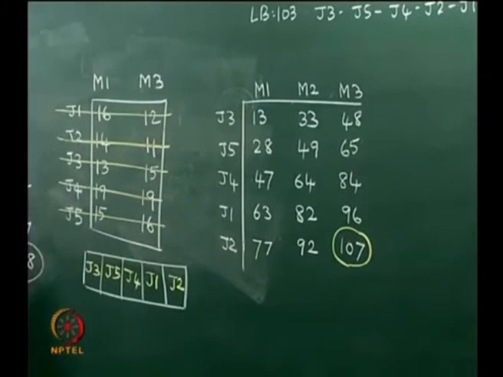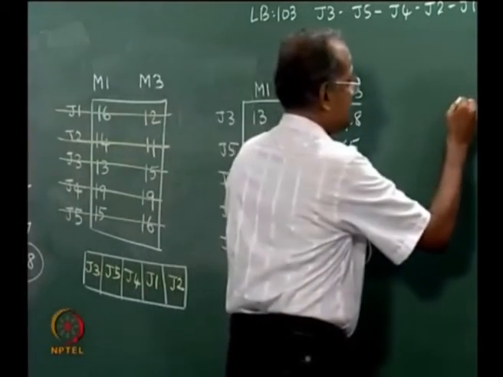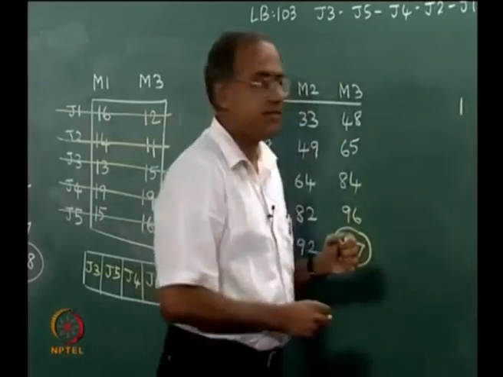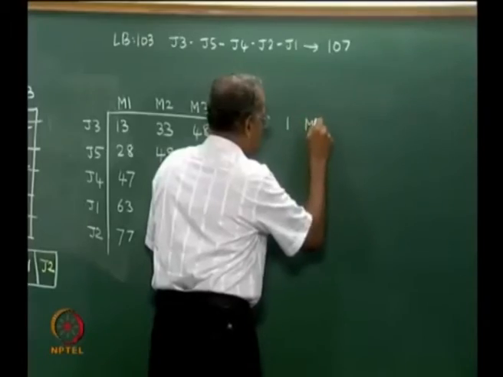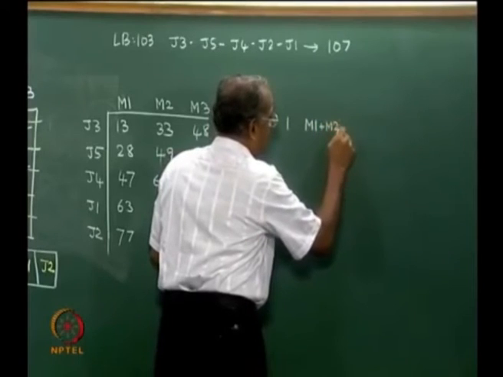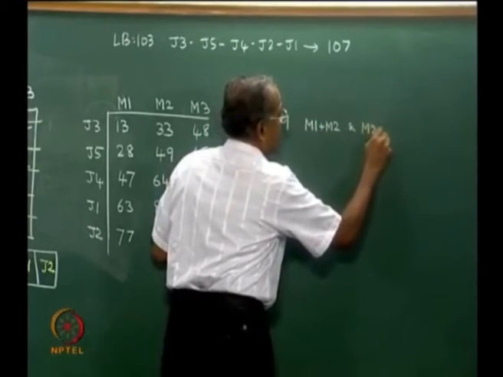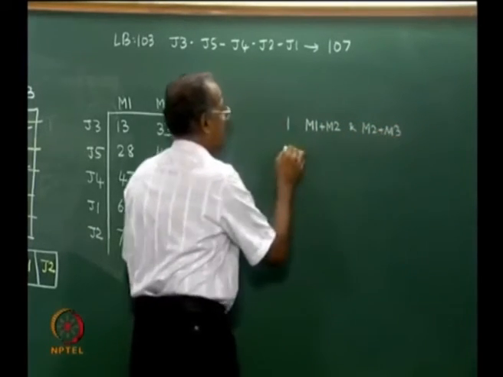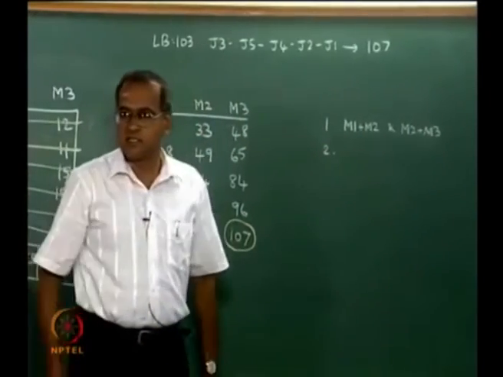So we essentially evaluated two solutions in this algorithm. The first one we did for a 3 machine problem was a Johnson problem with M1 plus M2 and M2 plus M3 based on the Johnson extension.